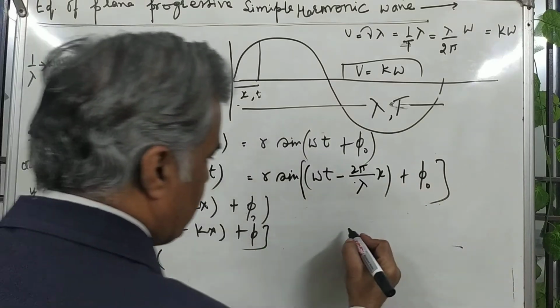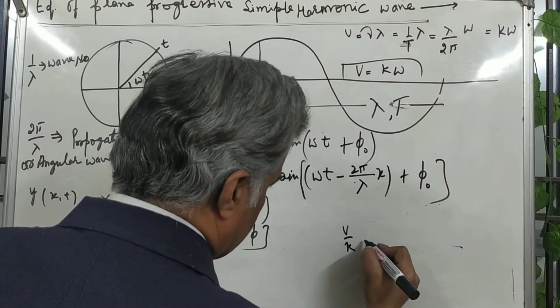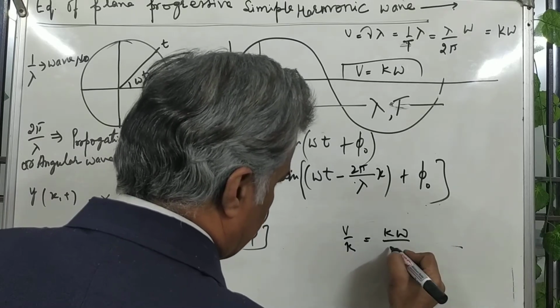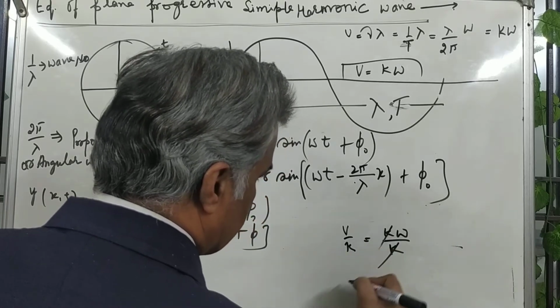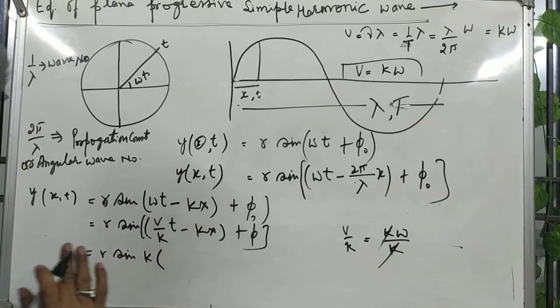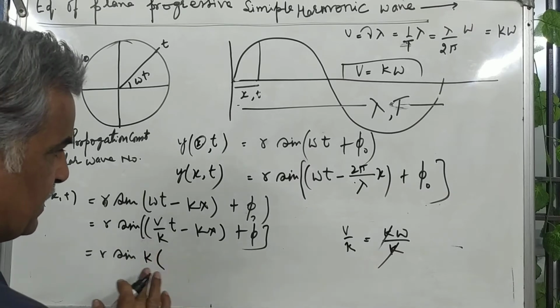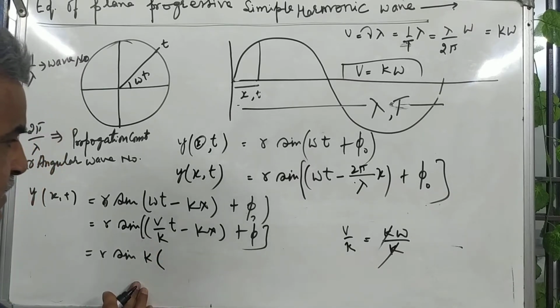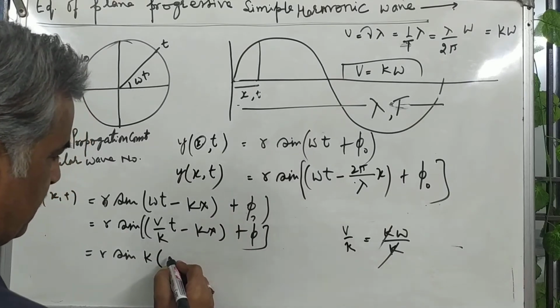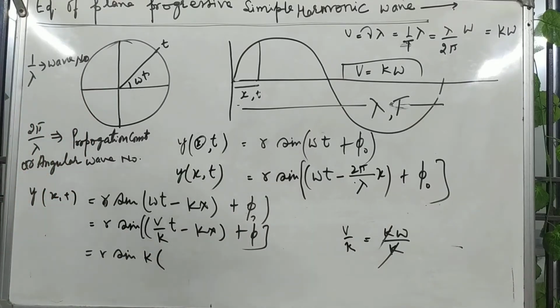Practically v upon k cancels and only omega remains, so vt minus x, omega t minus kx.